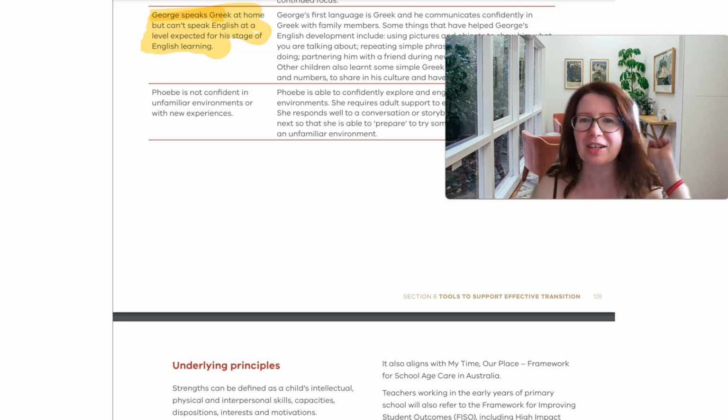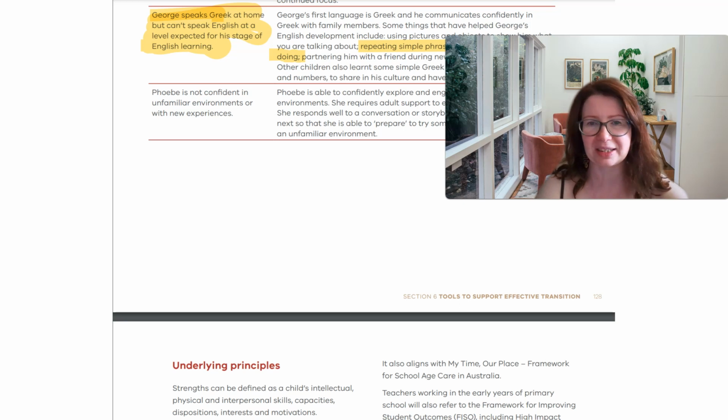George's first language is Greek, and he communicates confidently in Greek with family members. Some things that have helped George's English development include using pictures and objects to show him what you are talking about, repeating simple phrases related to what he's doing, for example, washing hands, putting on your hat, partnering him with a buddy or friend during new and whole group activities.